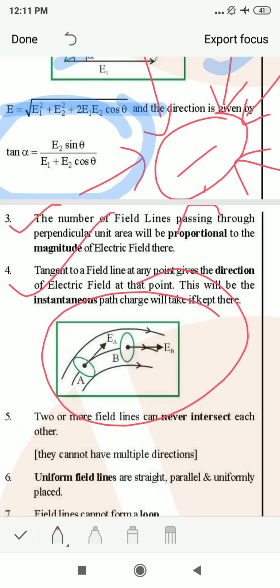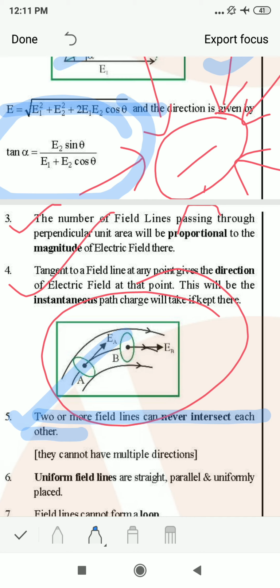The next one is two or more field lines can never intersect each other. This is another important property of the electric field lines. On this property, this year also in CBSE one question was asked: why two electric field lines can never intersect. So the answer will be: two electric field lines never intersect because at one point there will be two directions of electric field lines, and at one point two directions is not possible.